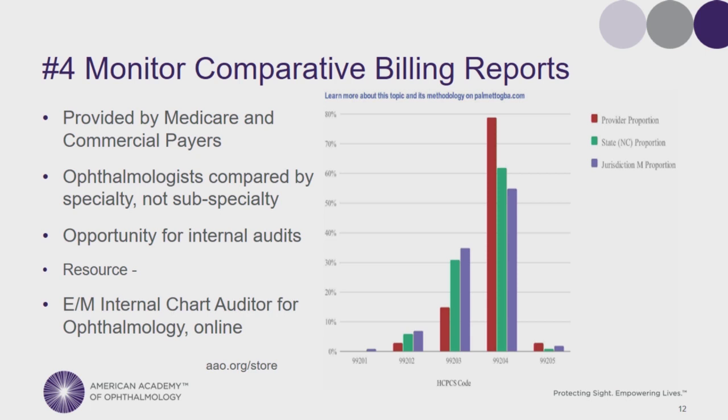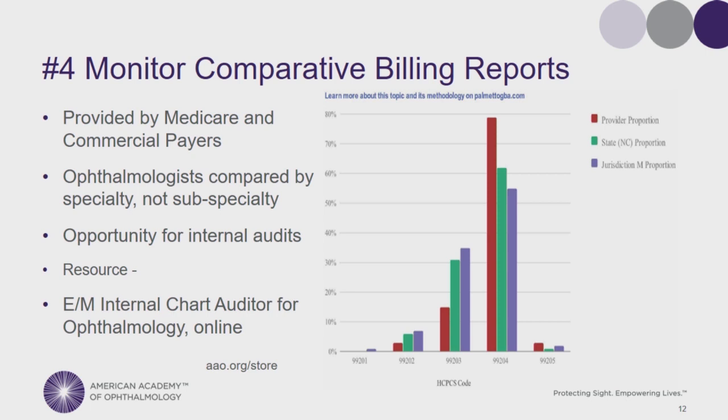Oftentimes they're comparing you to your peers within your state, and then perhaps regional or national. The example on the screen is an ophthalmologist, and it was reviewing new patient office visits. In this example, the provider was an outlier for the 99204, which is a level 4 new patient. These are provided by the insurance company. They're not compared by subspecialty at this time; they're comparing all of ophthalmology.